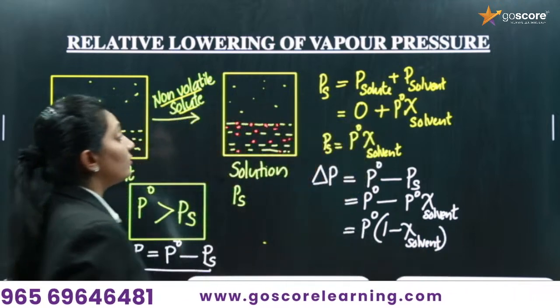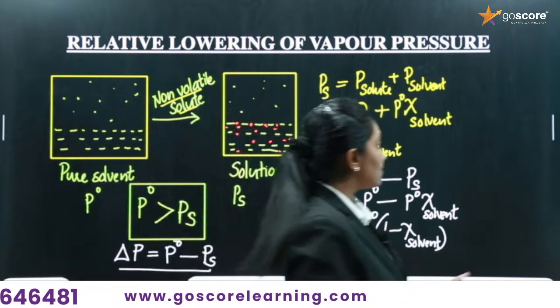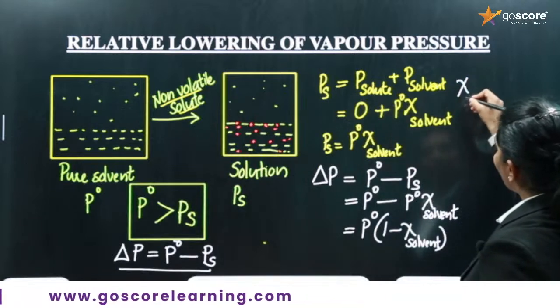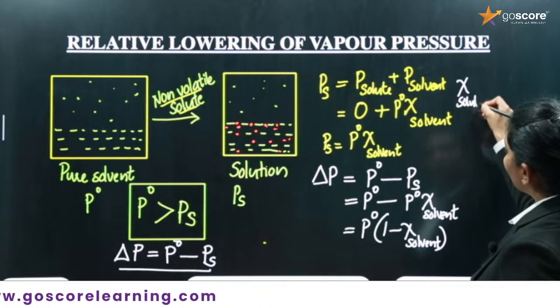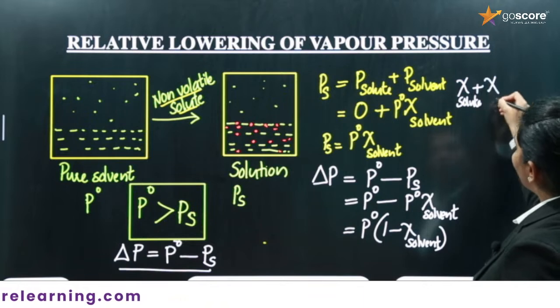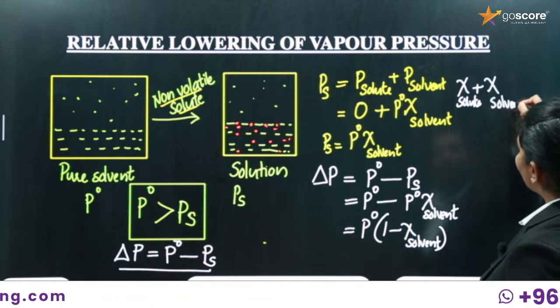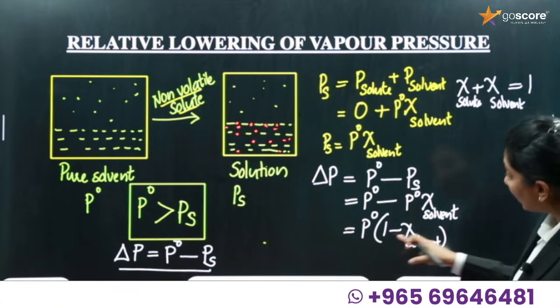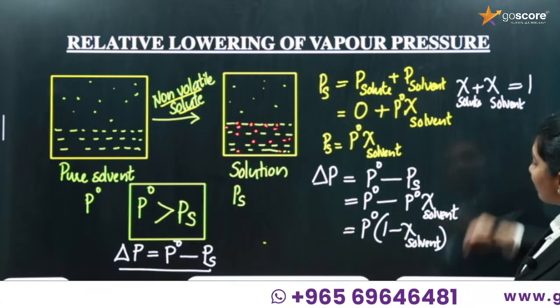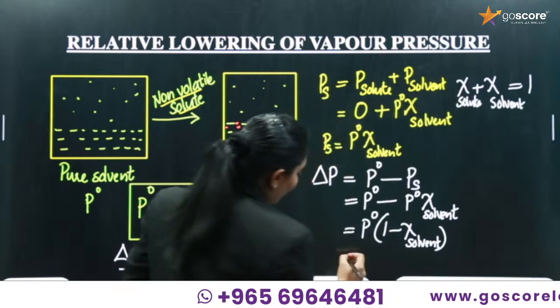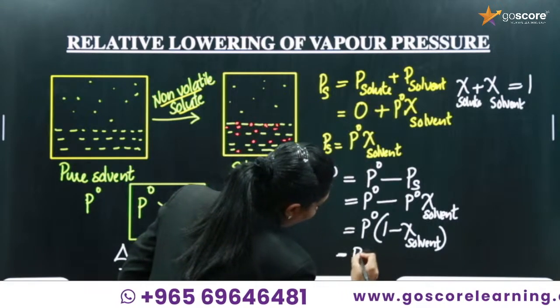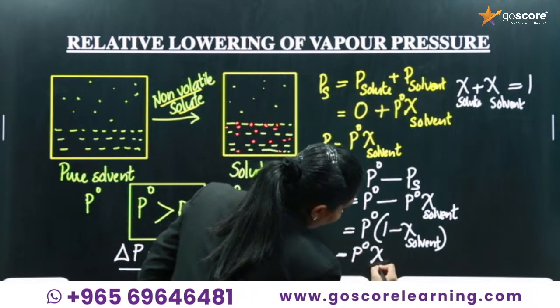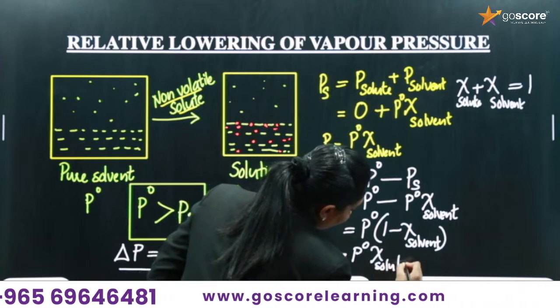For a binary solution, the mole fraction of solute plus the mole fraction of solvent equals 1. So 1 minus mole fraction of solvent is the mole fraction of solute.